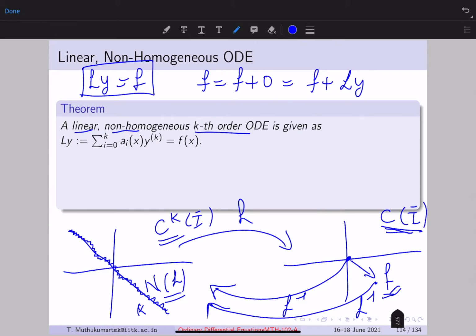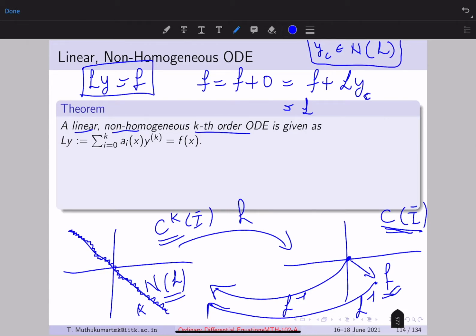Similarly, if you know at least one solution, let's call this yc. So yc is any element in the null space of L, and you know that's a k-dimensional set.